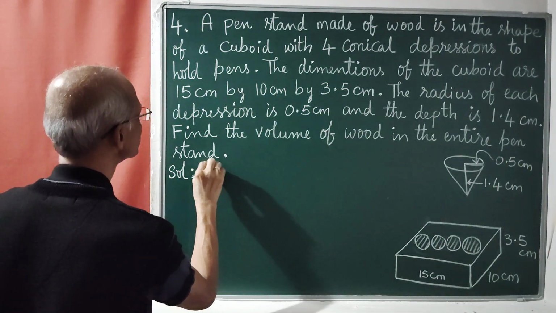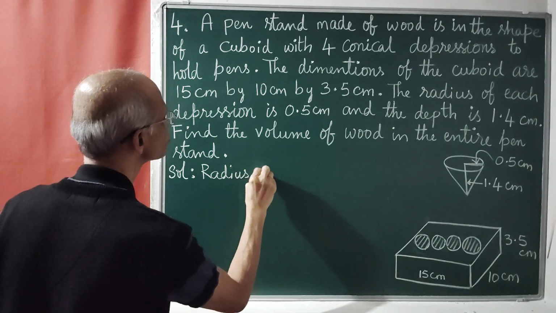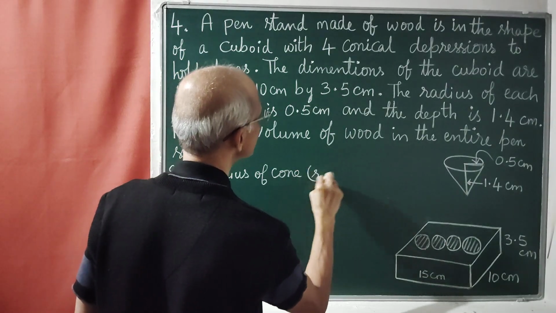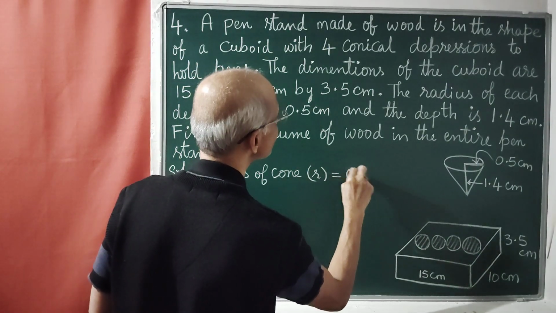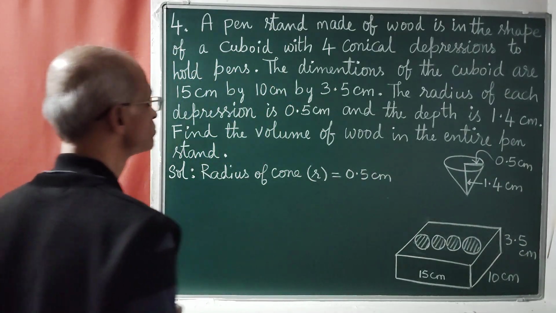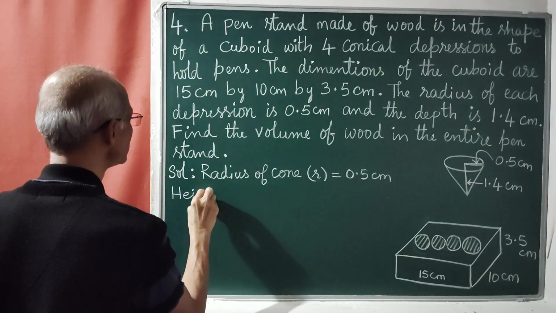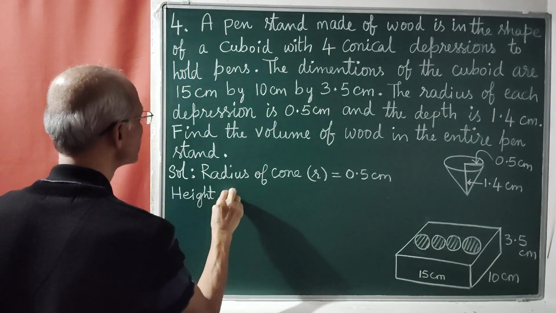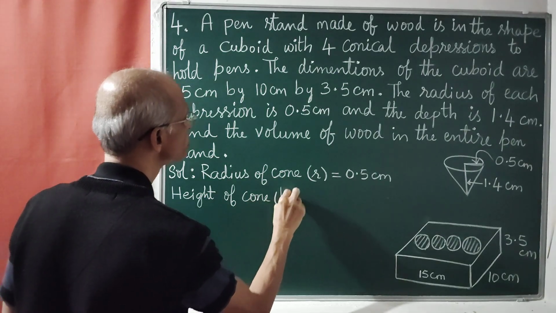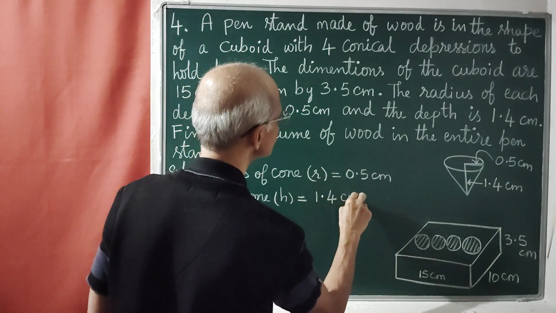Radius of cone, r equal to 0.5 centimeters. Height of cone, h equal to 1.4 centimeters.